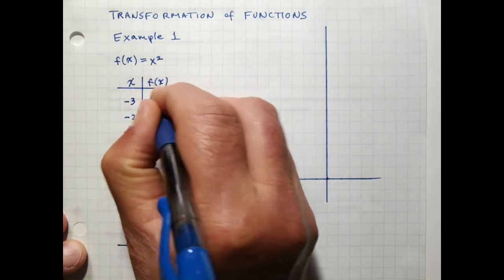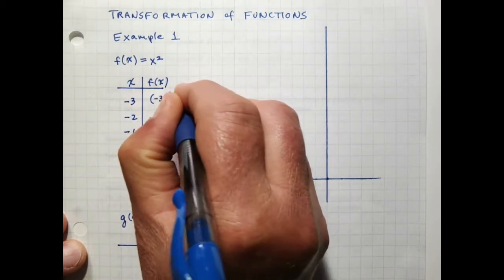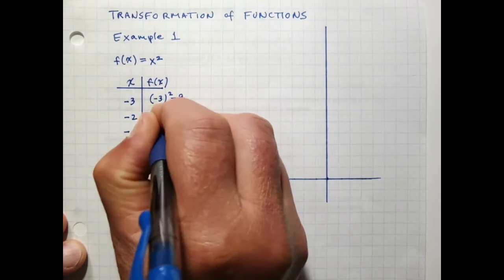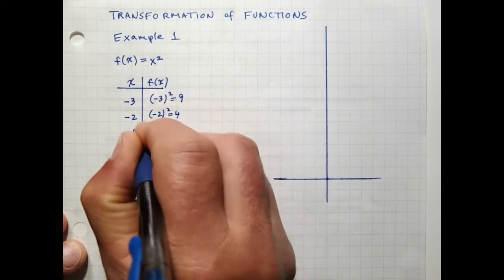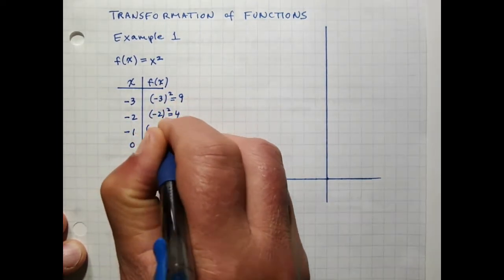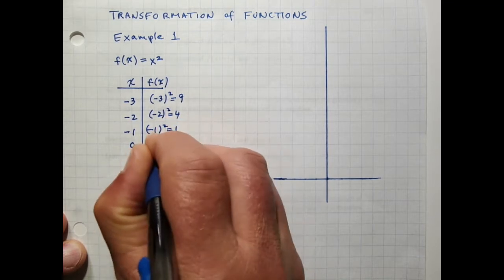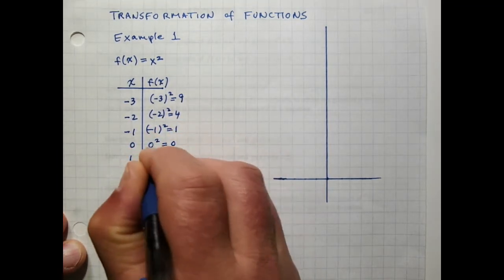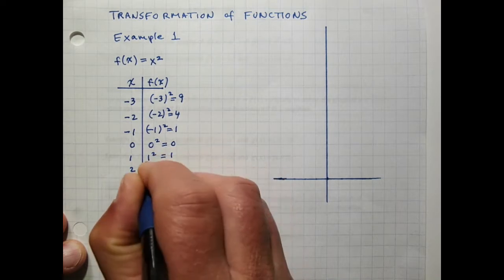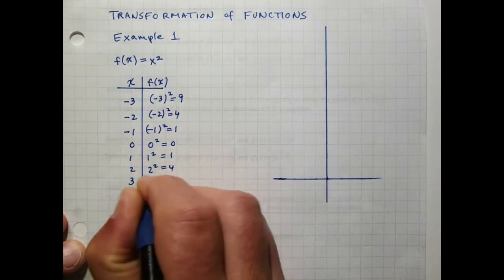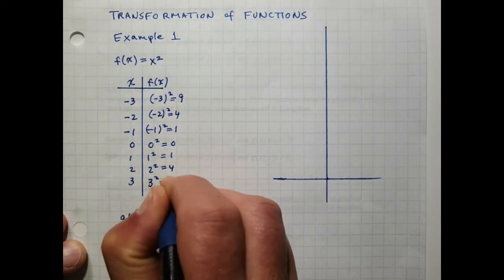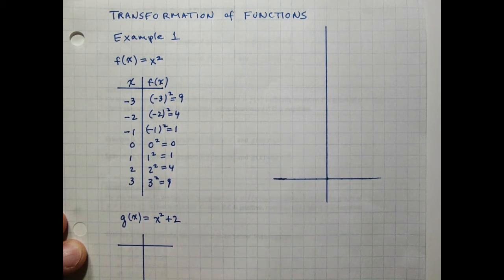So -3 squared is 9, -2 squared is 4, -1 squared is 1, 0 squared is 0, 1 squared is 1, 2 squared is 4, 3 squared is 9.